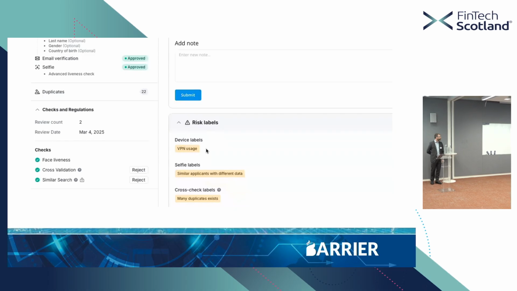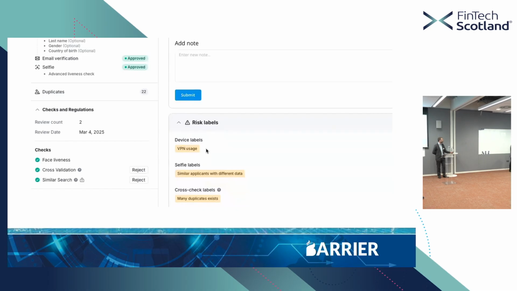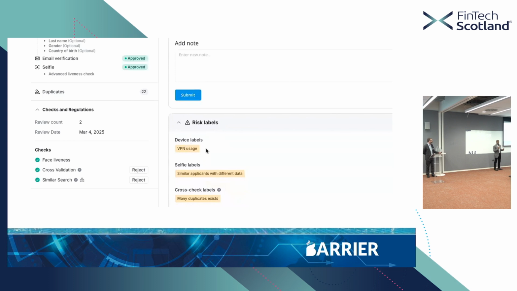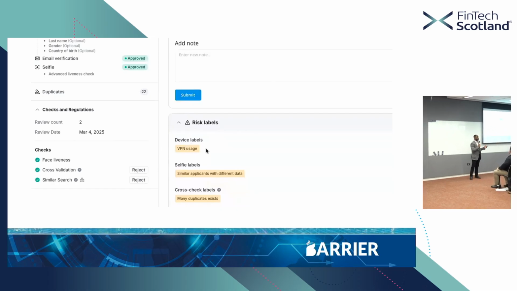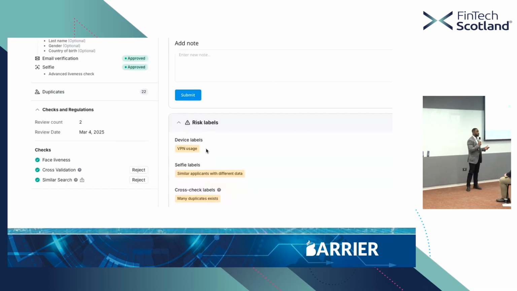So whilst I was doing the test, I was using a VPN, selfie labels, naturally, because it's me and I'm doing it. There were a number of them that have gone through, but we can also do the cross-referencing and checks. So if you ask the customer to supply a document, then we would also cross-reference that the face on the document matches the person presenting the document as well.